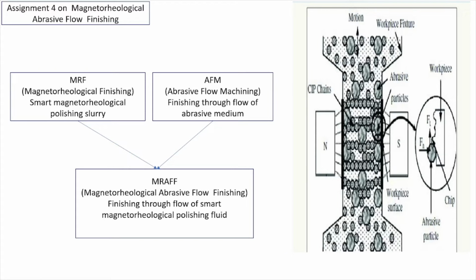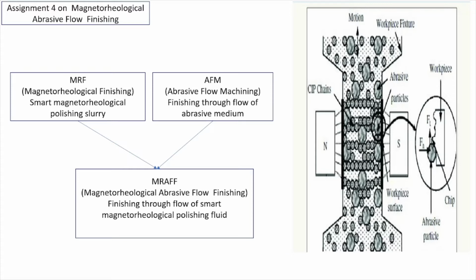From the figure itself, we can see the experimental setup of this MRAFF process. This hydraulically powered experimental setup is designed to study the process characteristics and performance. It consists of the magnetorheological polishing fluid cylinders, then hydraulic actuators, then electromagnet fixtures and supporting frames.